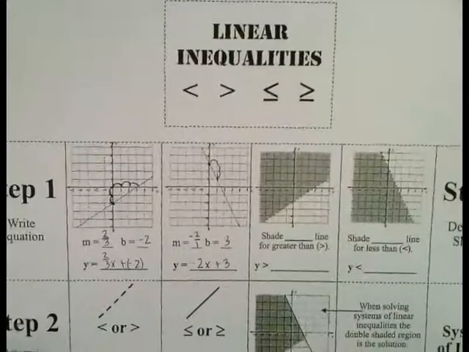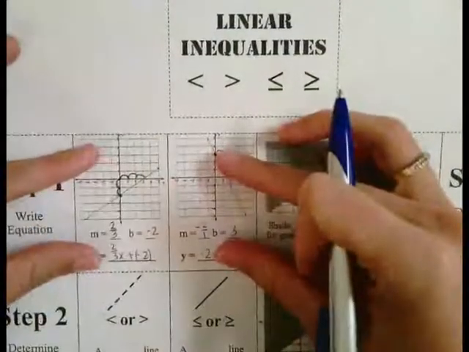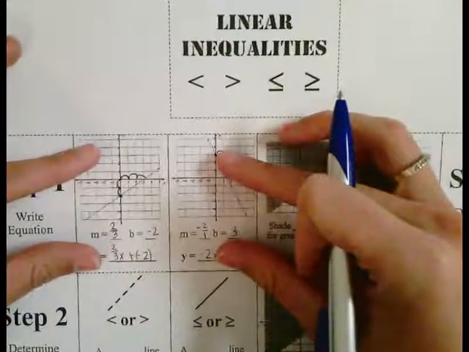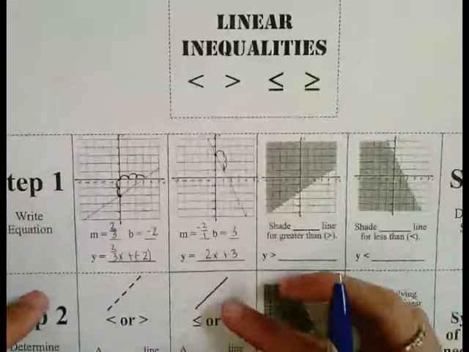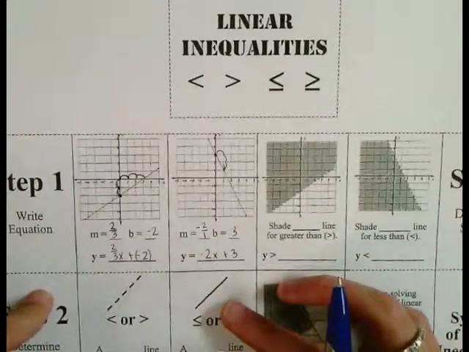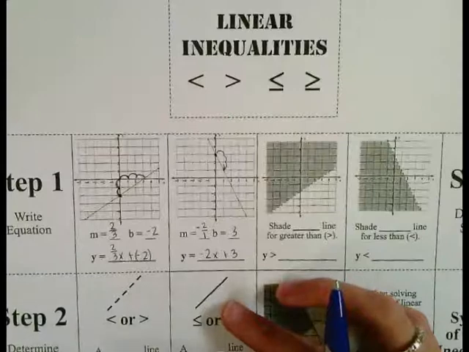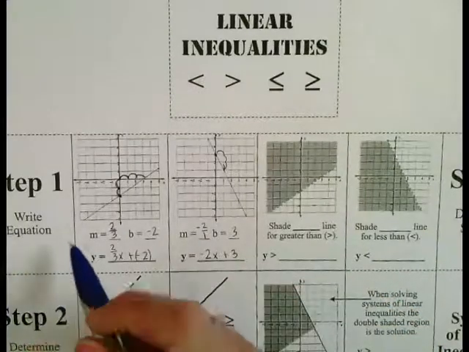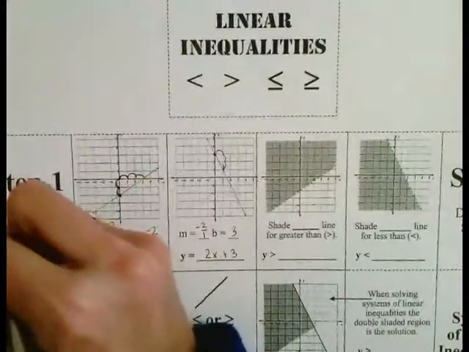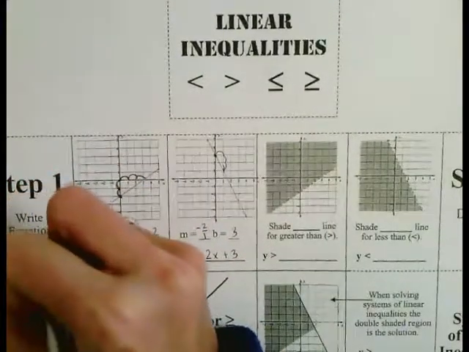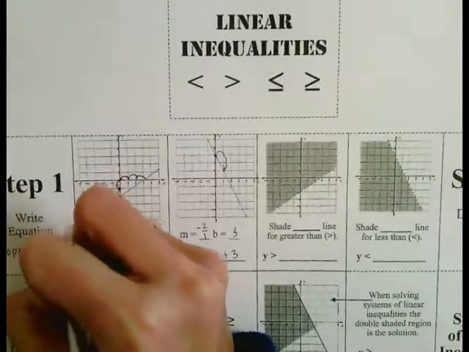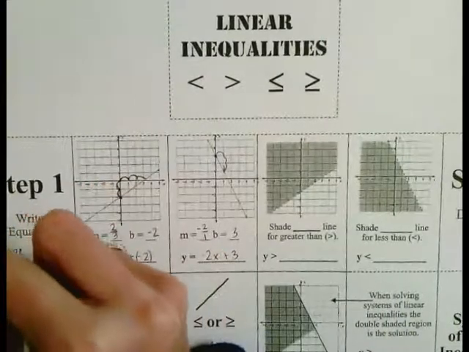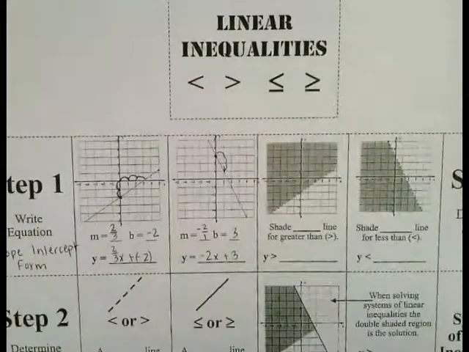Okay, so once you've written it in slope-intercept form, then you're going to decide whether it's going to be a dashed or solid line. Determine the line.